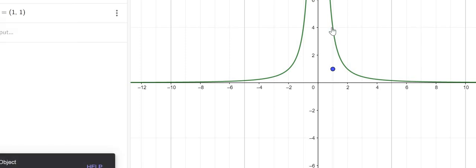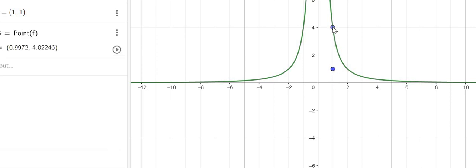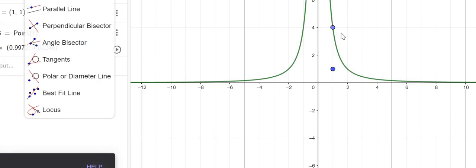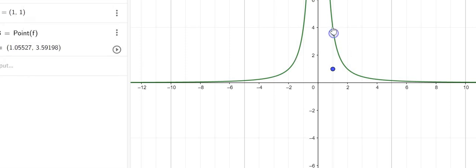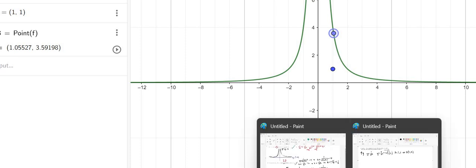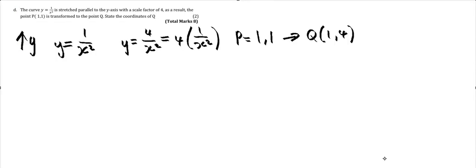But if I go from 1, which is here, all the way up, and I make this exactly 1, it'll be 1, 4. So that is the final part of our question, and we've got all 8 marks.